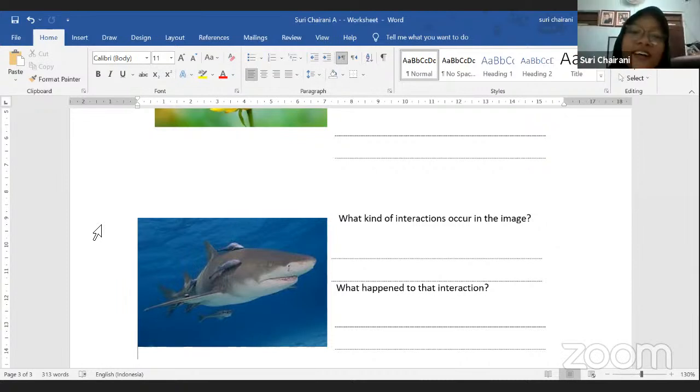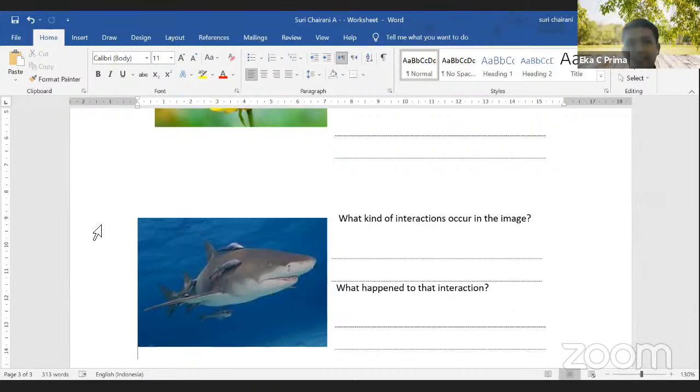Maybe because in our basic knowledge, the shark is a wild animal and they eat all fish, as we know in movies. So we can conclude that the shark is the wildest one, and why do the smaller fish go around with the shark?